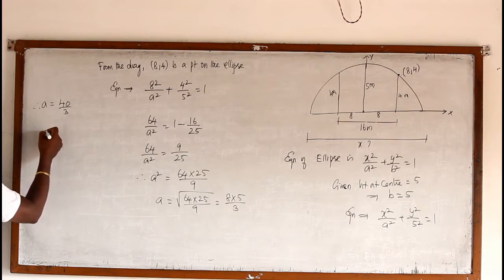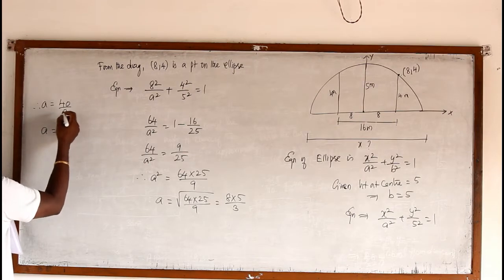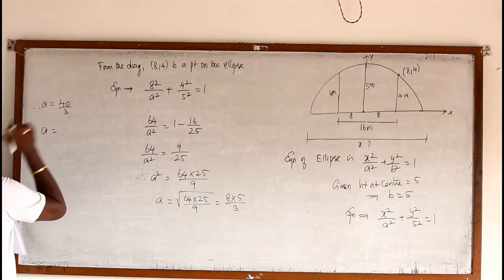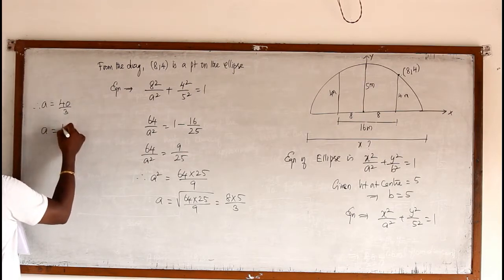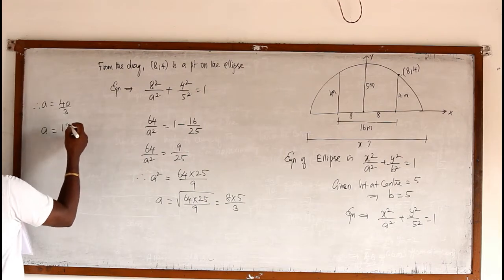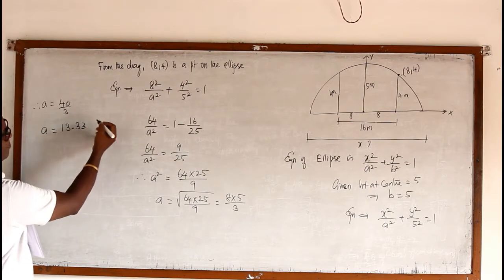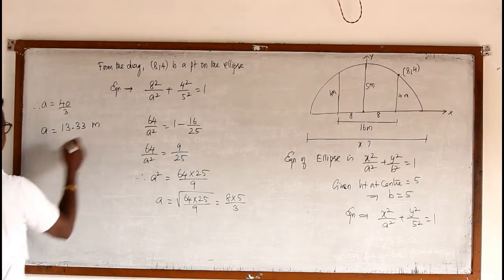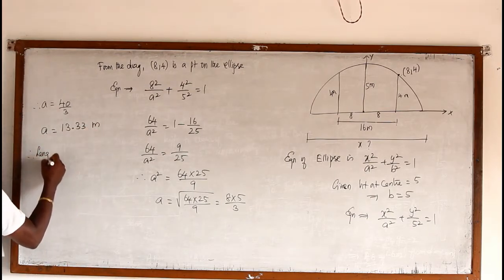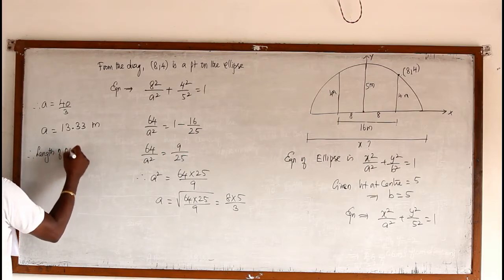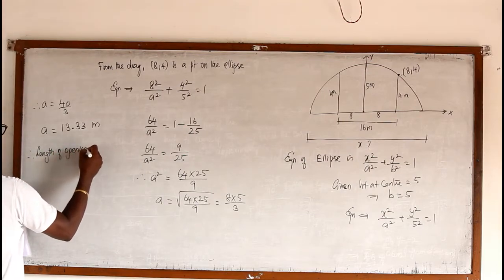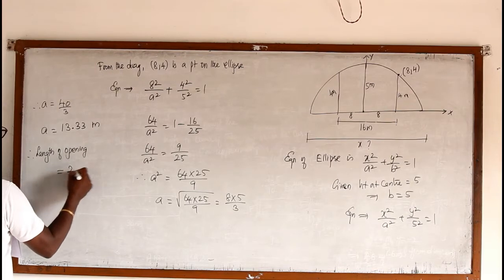Therefore, a is approximately 13.33 meters. Therefore, the length of the opening of the whole way is 2a, isn't it?